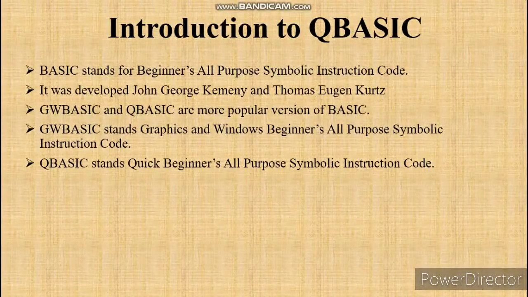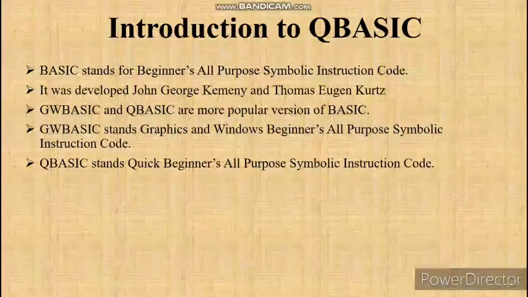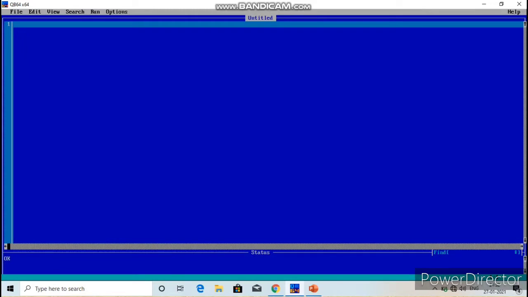When you open QB64, this screen will open. Let us discuss the various components of the QB64 window. This is the menu bar. The menu bar has menus such as File, Edit, View, Search, Run, and Options.